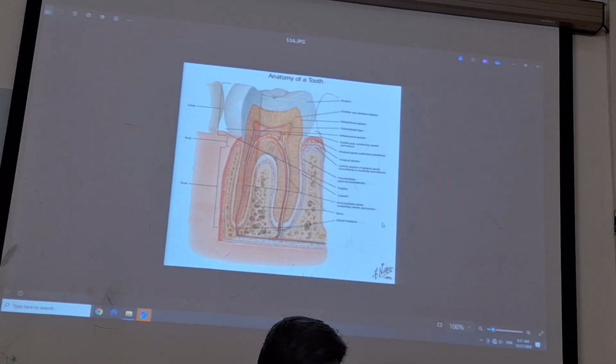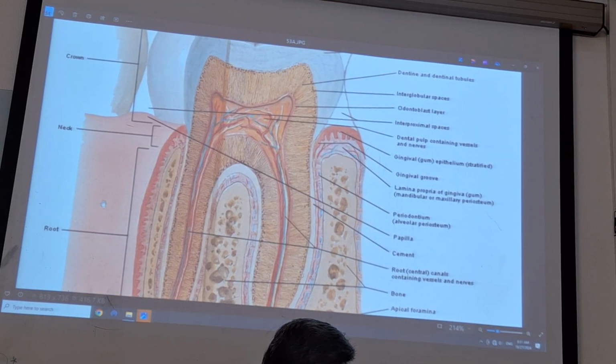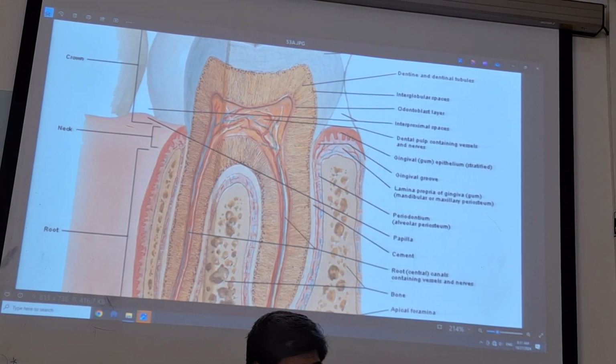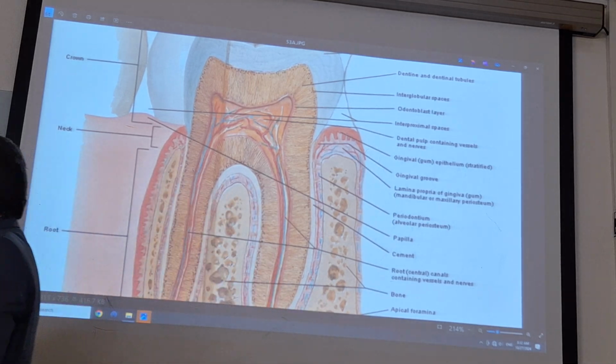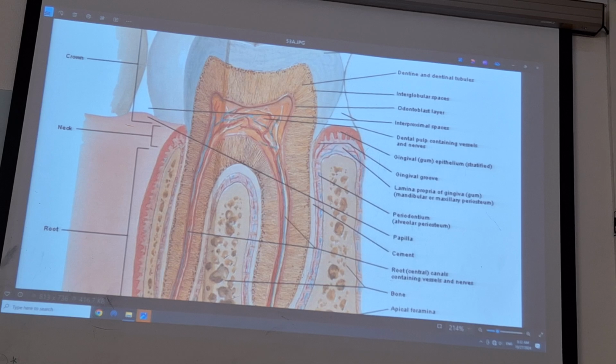And another part, this part: crown, neck, the same as the neck.